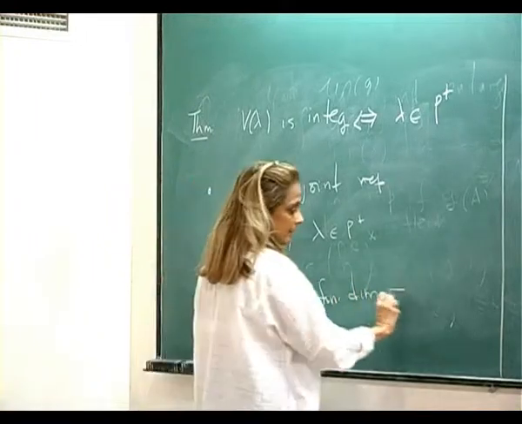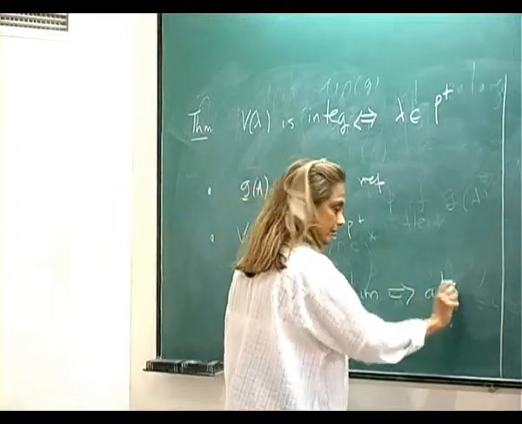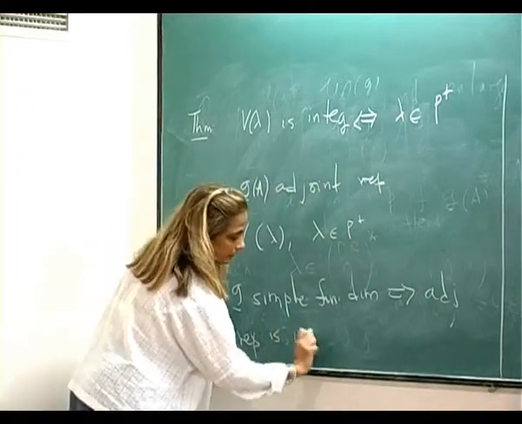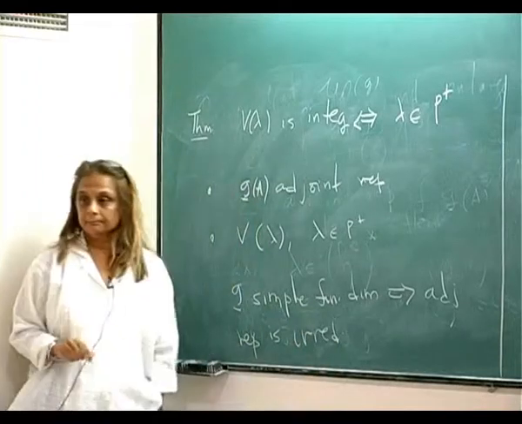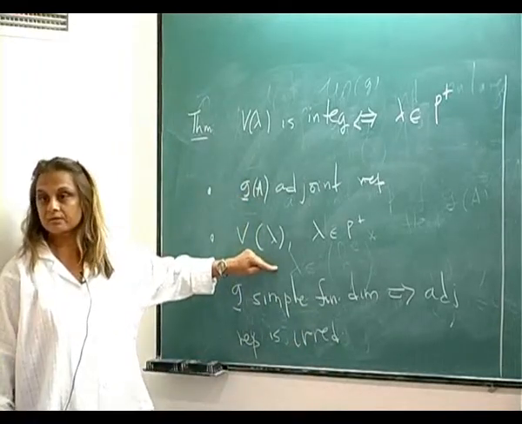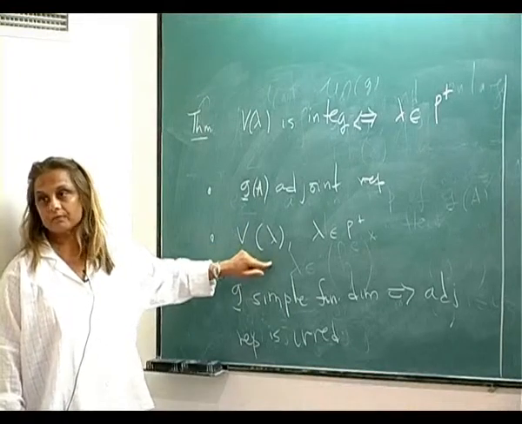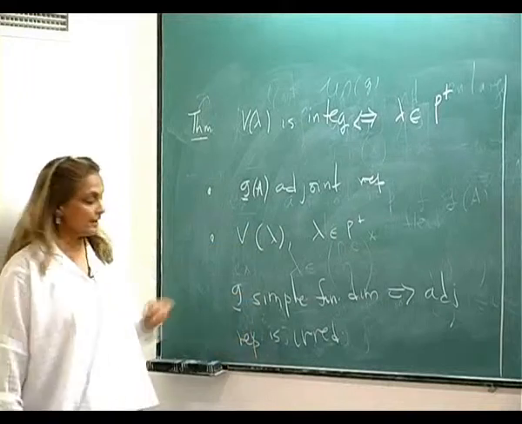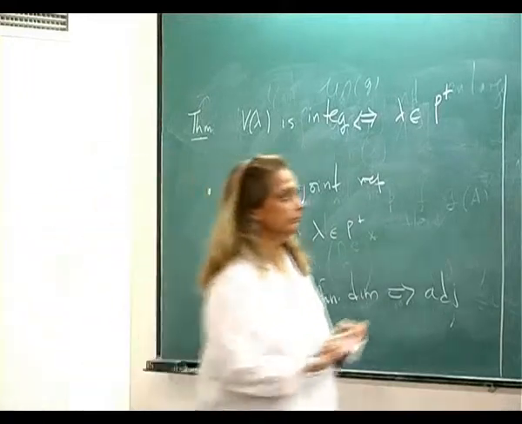Then, of course, the adjoint representation is simple, is irreducible. And so this example is actually not distinct from this. Once it's irreducible, it must be one of these, right? Because it's finite dimensional. In the Kac-Moody case, this is not so.